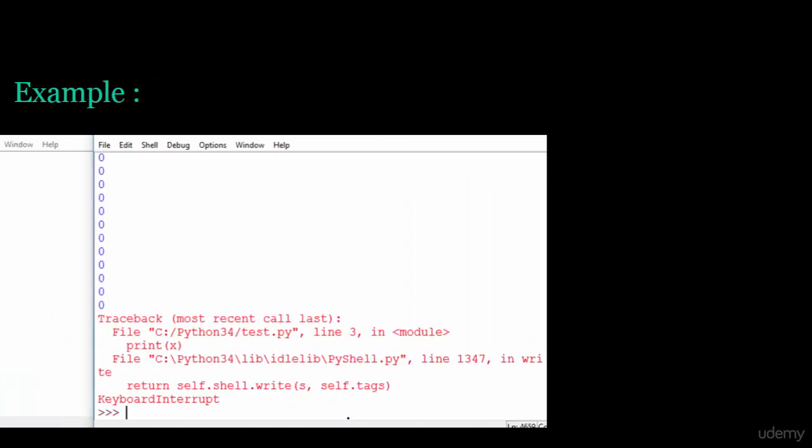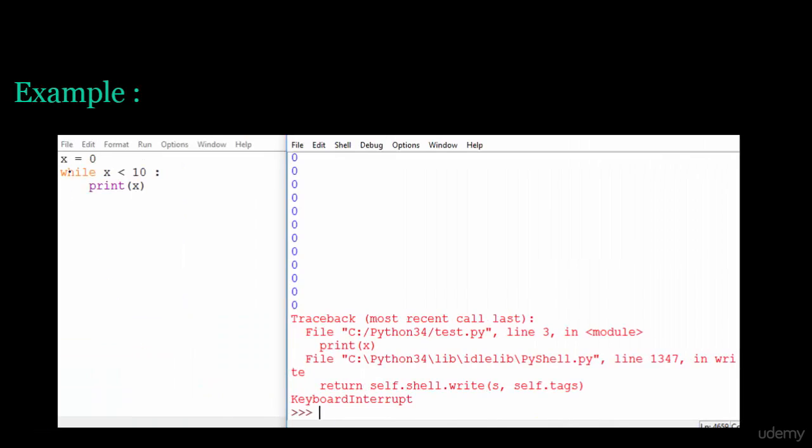Infinite loop. A loop that has no end, used in gaming, GUI, network and so on. Let's see this example here. Here x equal to 0, then I said while x less than 10, we will print x.